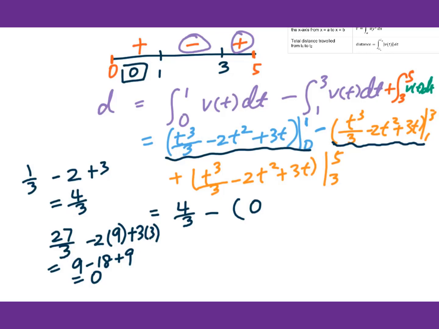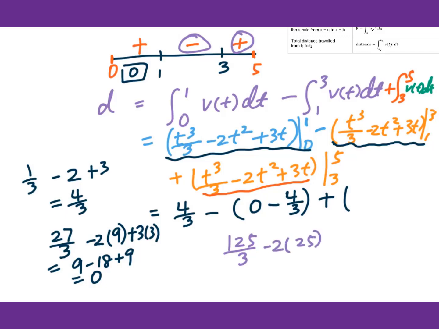So minus, here's 0. I plug in 1. You will get 4 over 3. Then plus, I plug in 5 to this function. You will get 125 over 3 minus 2 times 25 plus 3 times 5 is 15.